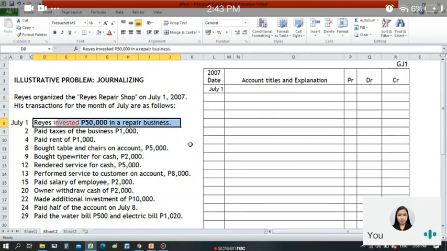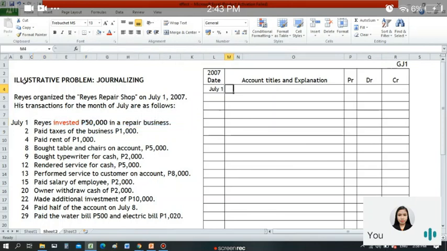So si business, nag-invest, meaning si owner, nag-invest ng money. So iba po yung identity ni business kay owner. Once the money is being invested to the business, that money is no longer the owner's money. It is already the money of the company or the business. So nagkaroon ng pera si business.